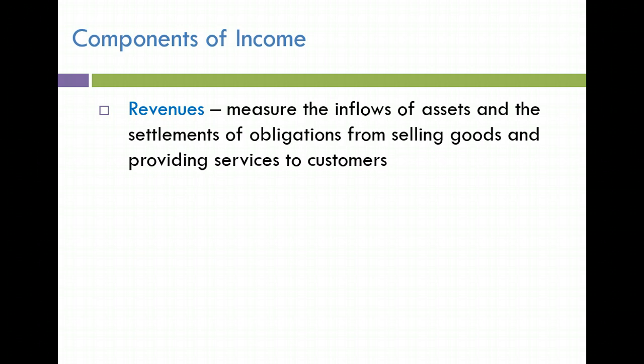So revenues basically consist of the cash or the receivables we derive from selling services or products to customers, okay? They call it measuring the inflow of assets. They're basically saying receiving cash or receivables. We're not just saying cash because oftentimes it's a receivable. We won't get the cash yet, but we're going to record a receivable on the books once we can recognize that income.